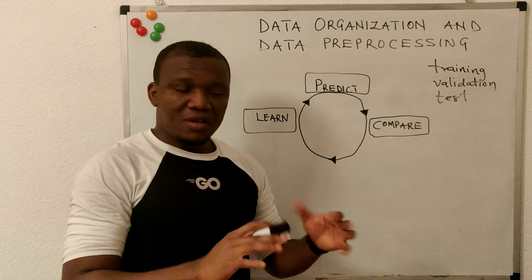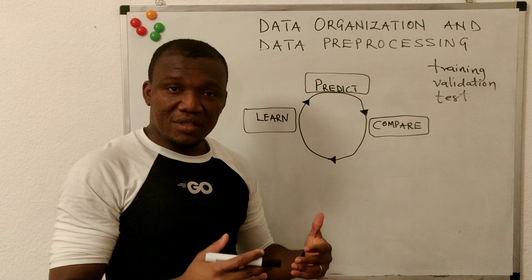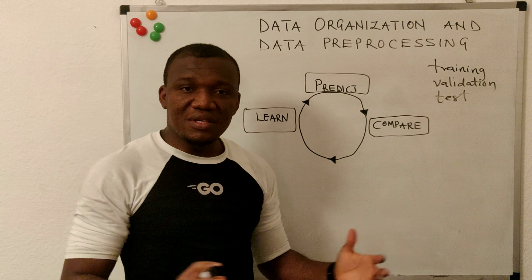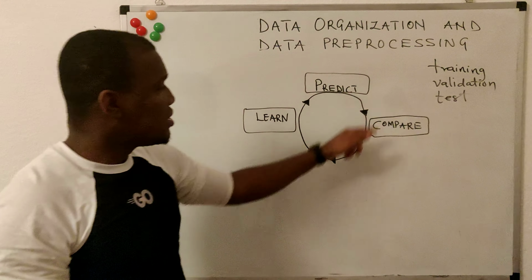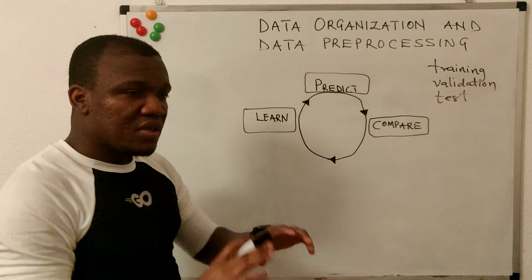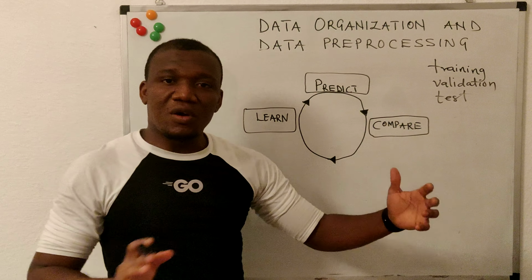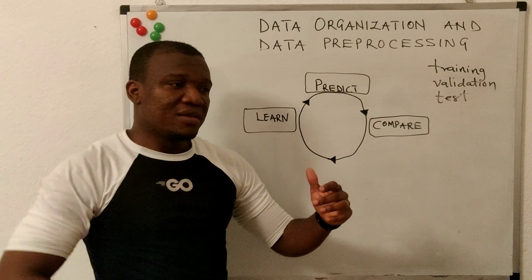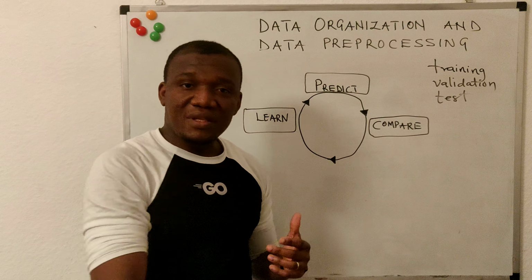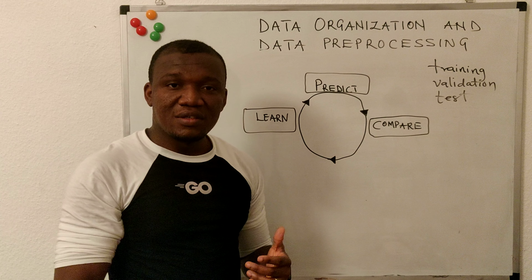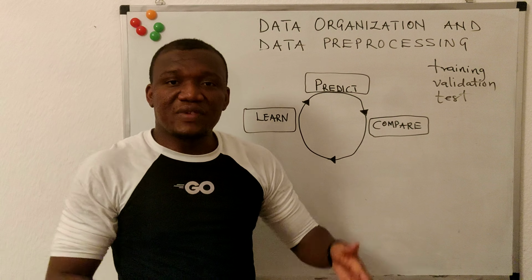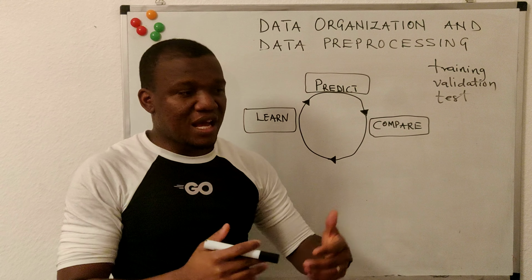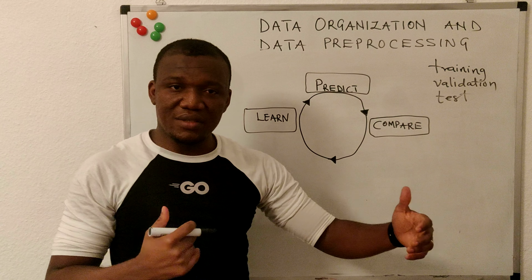The core of everything that happens in a neural network is this cycle. Every neural network starts off with its parameters, the weights and biases, or the internal representation of the knowledge or the patterns that it has learned, as random numbers.